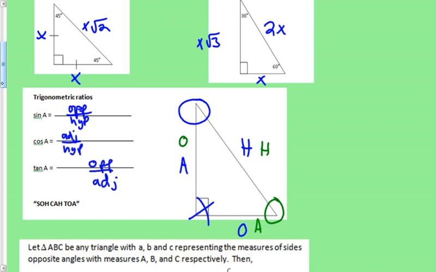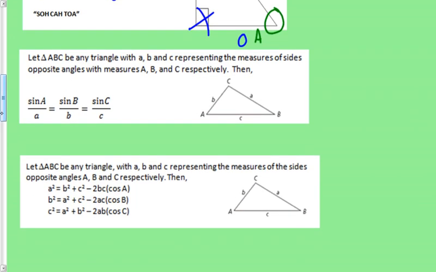All right, then we can use some things with sine and cosine, which would be the law of sines or the law of cosines. This one is the law of sines. The nice thing about the law of sines and also the law of cosines is you can use these with any triangles.